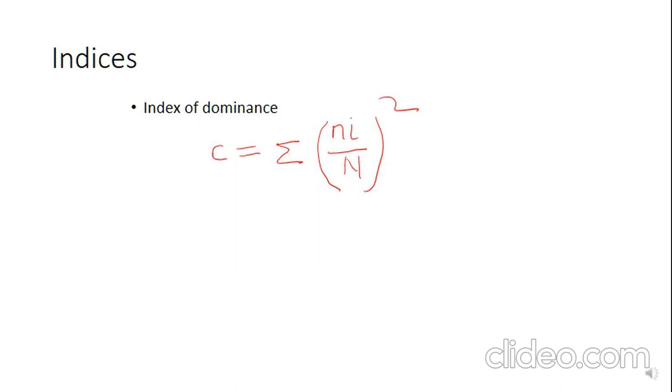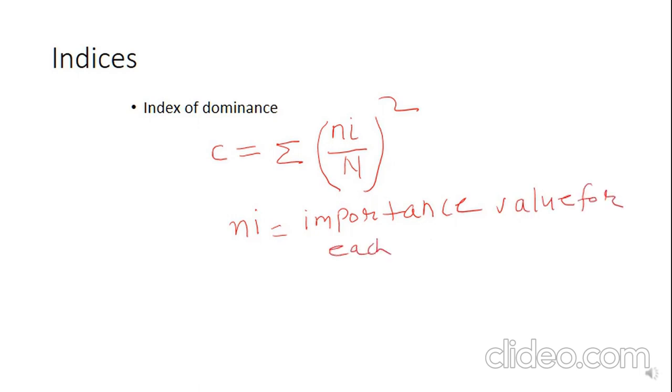It is the importance value for each species, and N is the total of importance values.